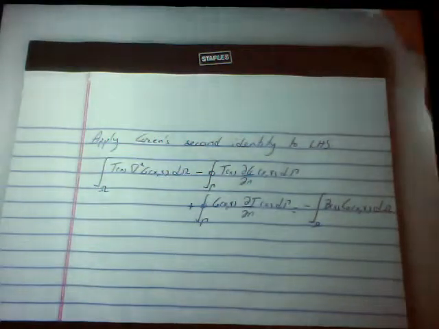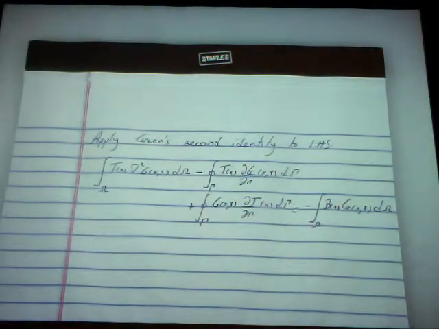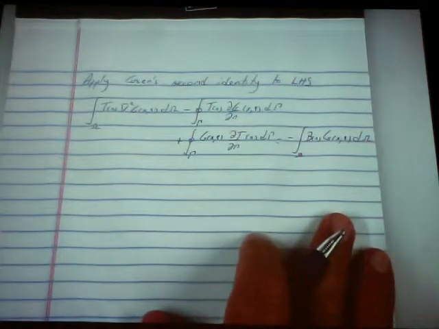So notice that I haven't done anything to the right hand side. And everything that I've done to the left hand side is the same that I did before to the Laplace equation. Same thing.